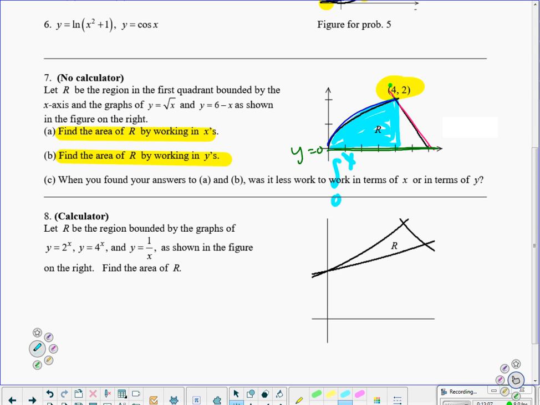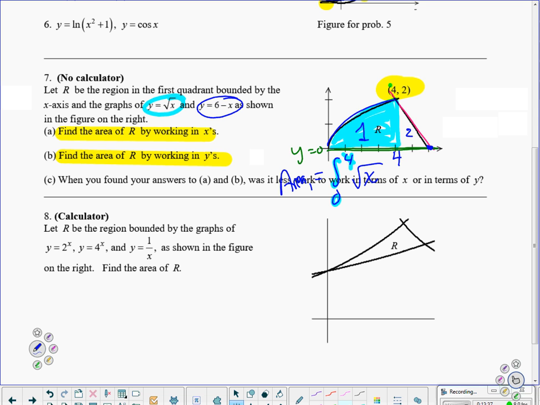Not writing real well. Of this curve, and I can tell that that is a square root curve, can't you? Hopefully you know your functions, so the square root from 0 to 4 would get me this area, should we call it area 1? And then area 2 over here switches to our linear function, and that's going to pick up 4, 2, and then you'll want to figure out what that point is.